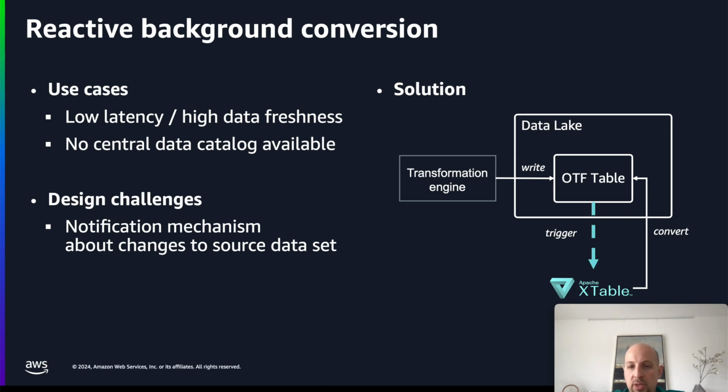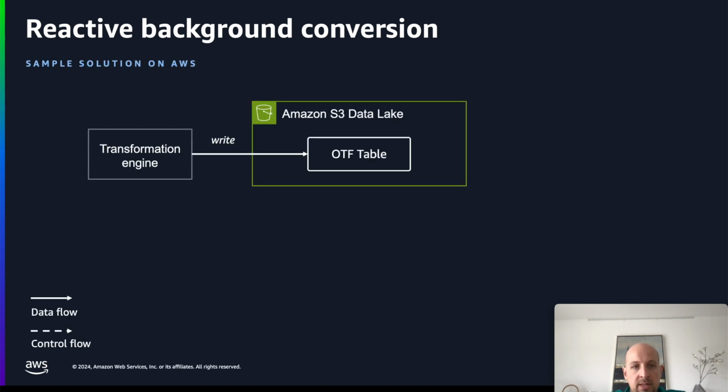Basically, the transformation engine writes to our data lake, to the source table, and then we need something that triggers XTable in order to do the conversion. The solution that we have been building is to use the power of a managed cloud service to accomplish this.